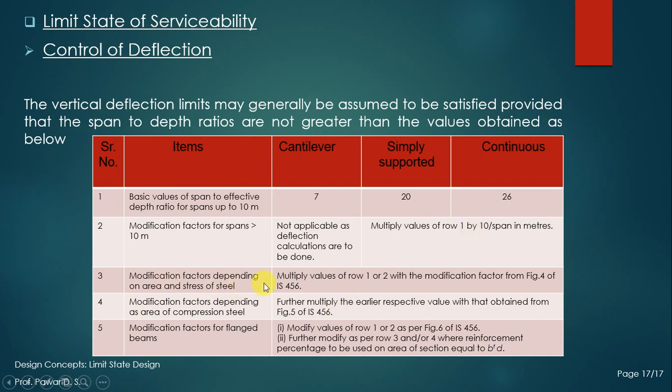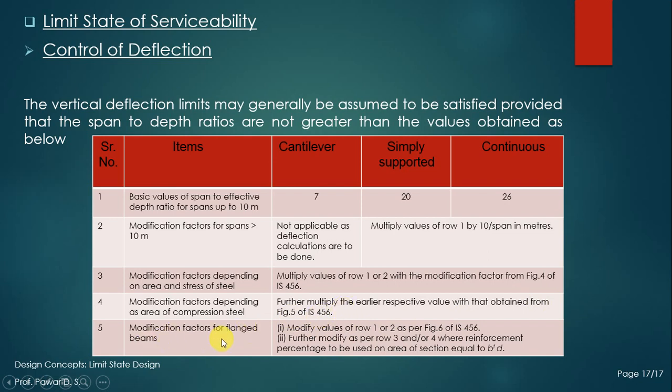The modification factor depends on the area and stress of the steel. Multiply the value of rho 1 or 2 with the modification factor from figure number 4 in IS456. Then there is a modification factor depending upon the area of compression steel also. Further multiply the earlier respective values with that obtained from figure 5 of IS456.